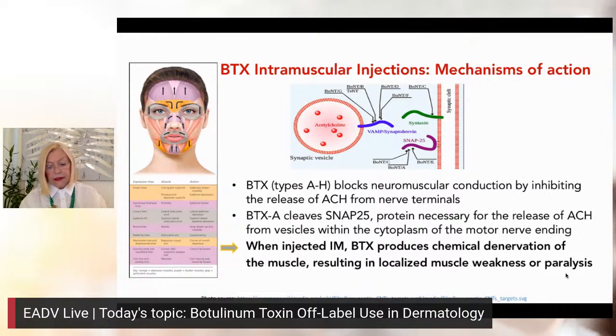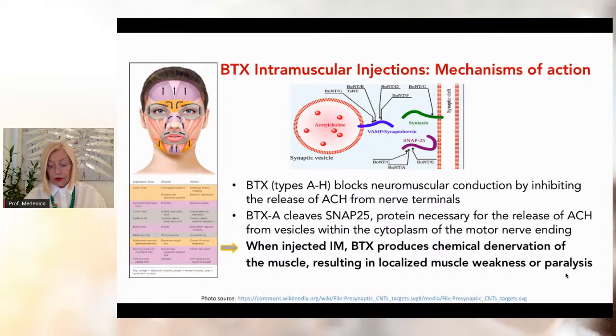Botulinum toxin A cleaves SNAP25, meaning synaptosome-associated protein of molecular weight 25 kilodaltons. On the other hand, botulinum toxin B cleaves VAMP, vesicle-associated membrane protein. Both of them are necessary for the release of acetylcholine from vesicles within the cytoplasm of the motor nerve endings.